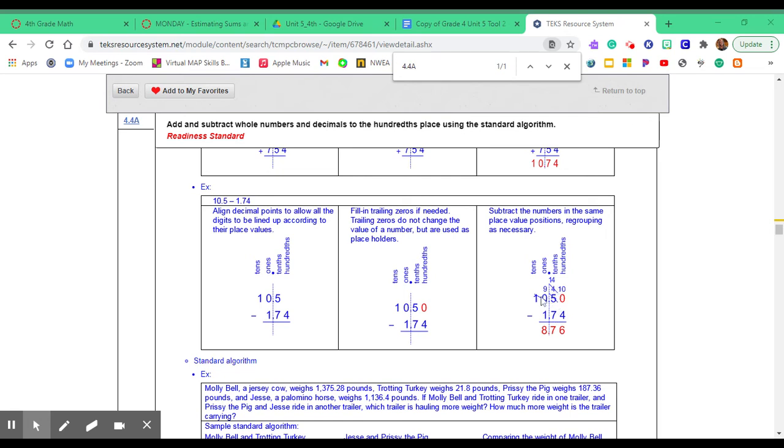So when we borrow, the 0 and the 1 are crossed out because this becomes a 9, this becomes a 0. 14 is now our new tenths digit. 14 minus 7 is 7. 9 minus 1 is 8. We've already taken care of that 1. So our answer results in 8.76, or 8 and 76 hundredths.